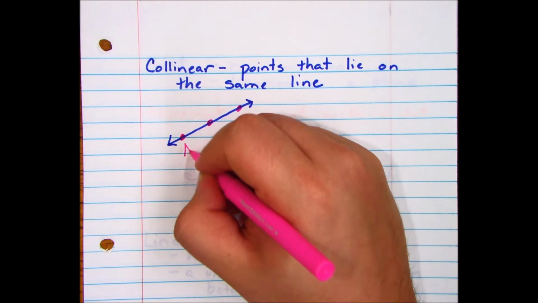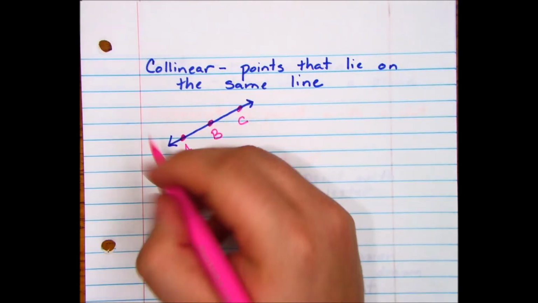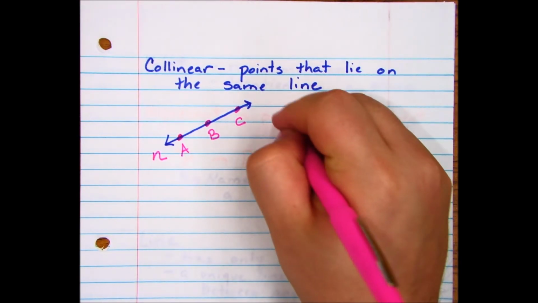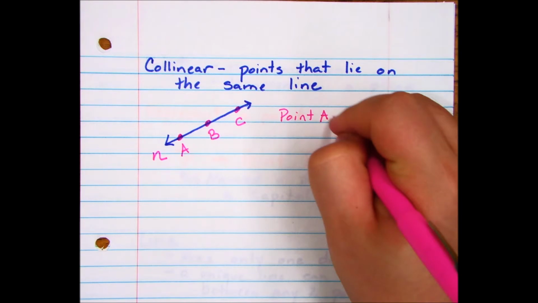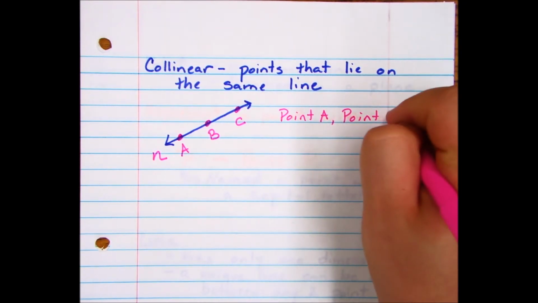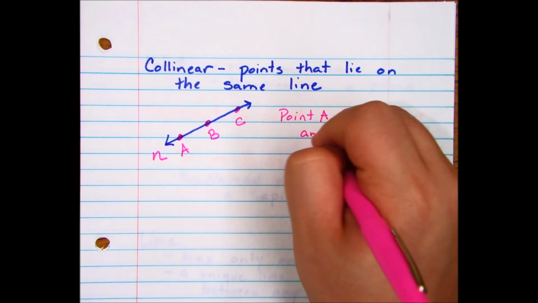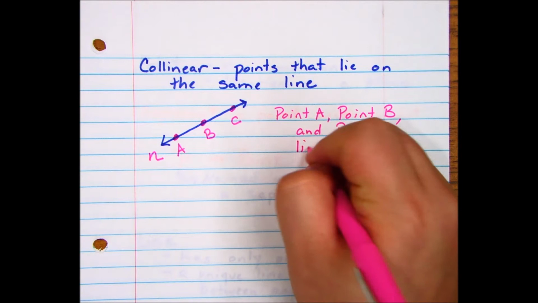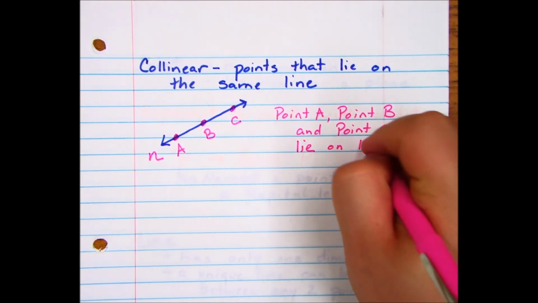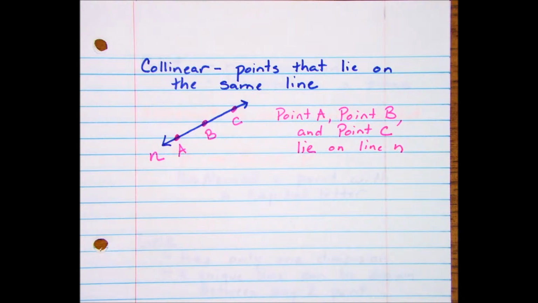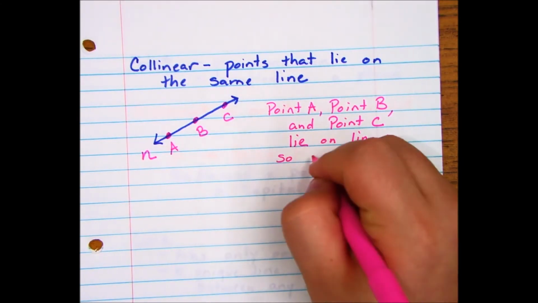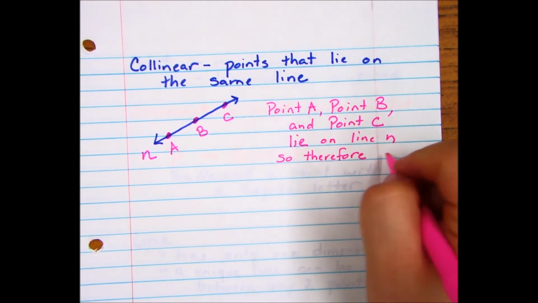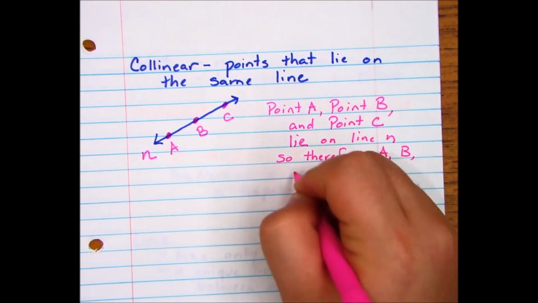In our case, A, B, C, and we're going to call this line N. So, point A, point B, and point C lie on line N. So, therefore, A, B, and C are collinear.